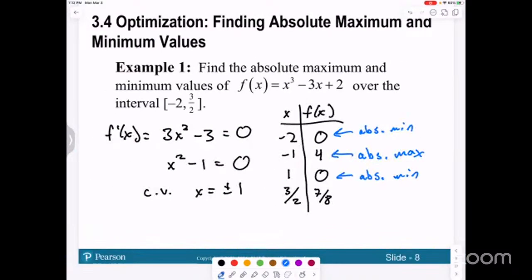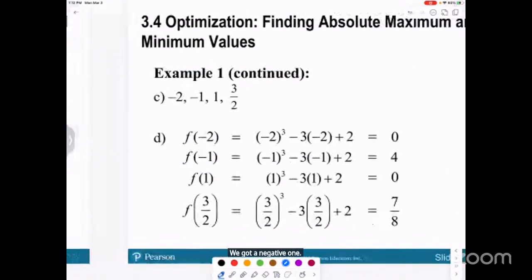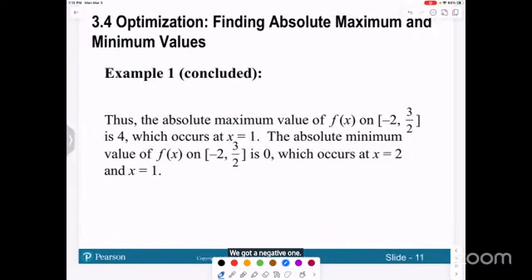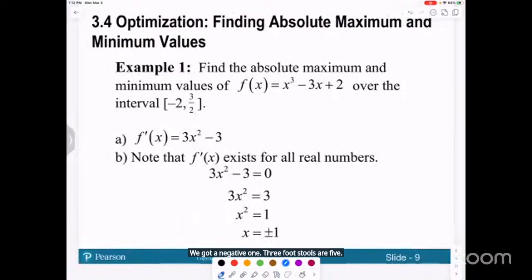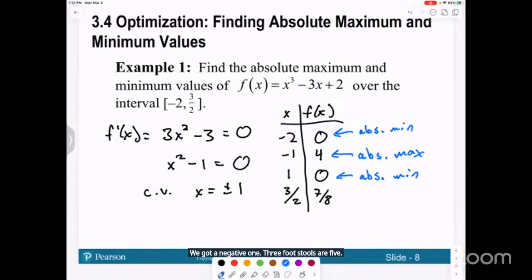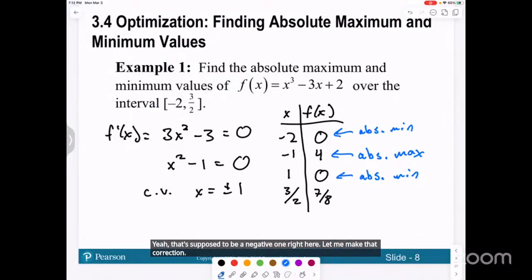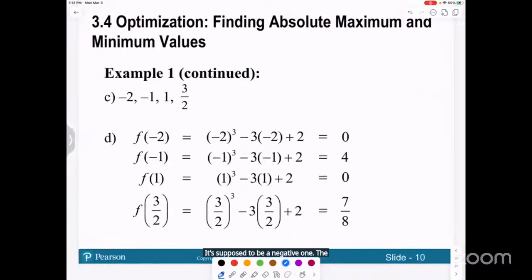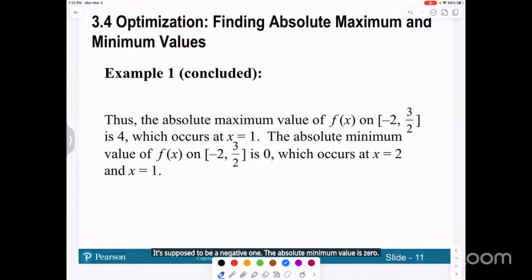We got negative 1. 3 plus 2 is a 5. That's a negative 1. I think they made a typo. Yeah, that's supposed to be a negative 1 right here. Let me make that correction. The absolute minimum value is y equals 0, which occurs when x is 2 and 1, and we got both of those.